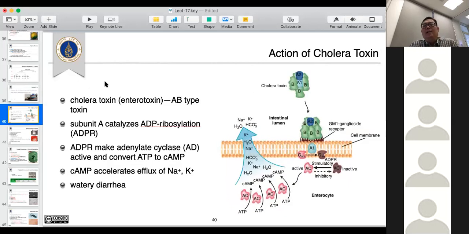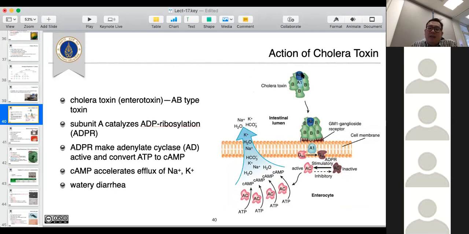Vibrio cholerae possesses cholera toxin. It is the enterotoxin of cholera. It is an AB type toxin. You still remember the term AB type? Similar to Corynebacterium diphtheriae, that's AB type. Similar to Clostridium botulinum and tetanus, that's AB type.